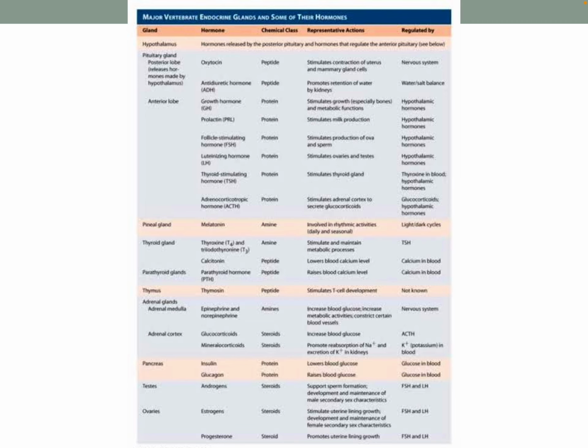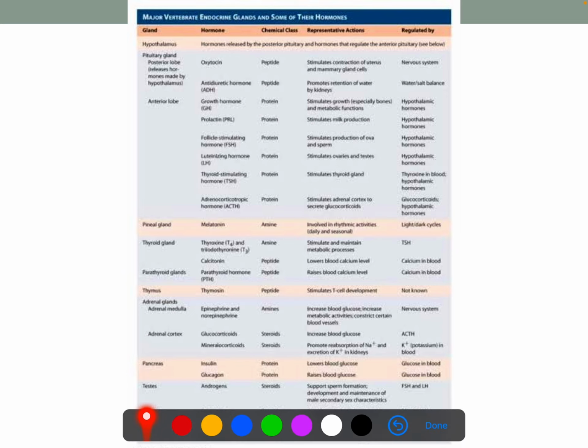Hypothalamus hormones, pituitary gland, anterior and posterior. Oxytocin is secreted by the posterior lobe. Sometimes the question will be anterior lobe, posterior lobe, pineal gland, or thyroid gland. So the answer is posterior. Please remember this. If you want, you can take a screenshot. There is a list of hormones with their functions and which organ of our body regulates them. This is important, so take notes of it.